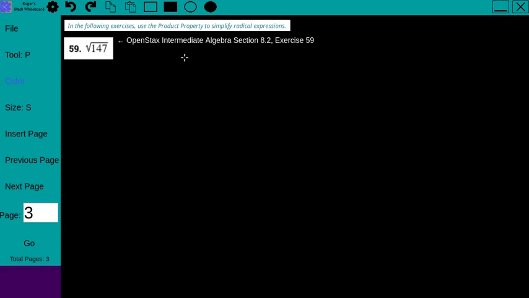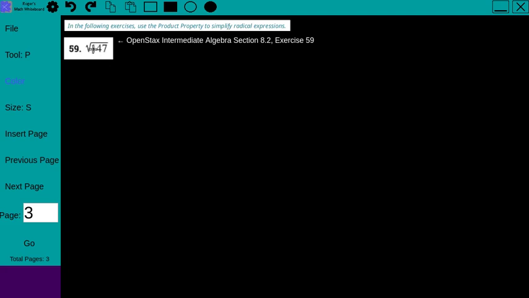This particular problem is Intermediate Algebra Section 8.2, Exercise 59, and we're asked to use the product property to simplify radical expressions. Well, this is a radical expression. In this case, it's just the square root of a number.